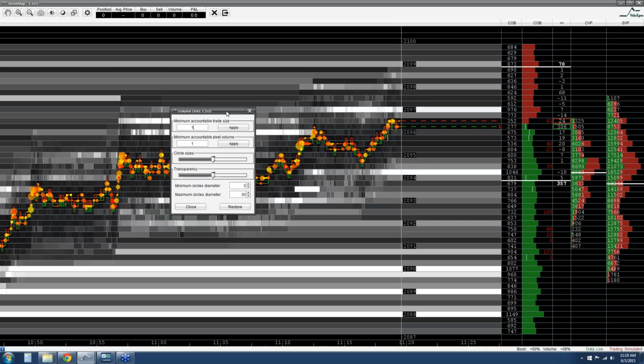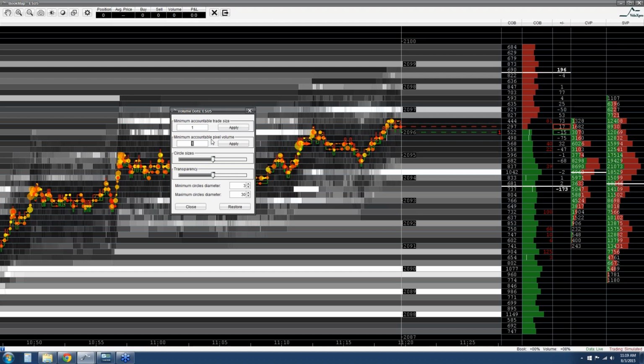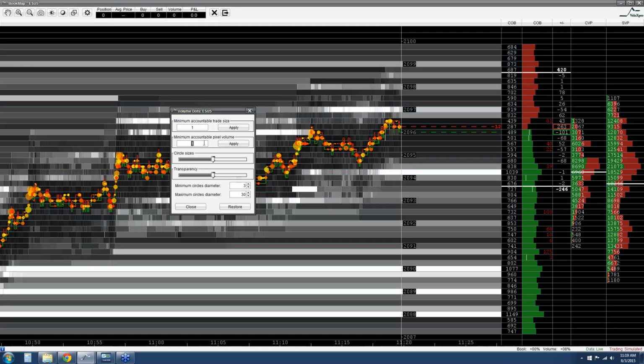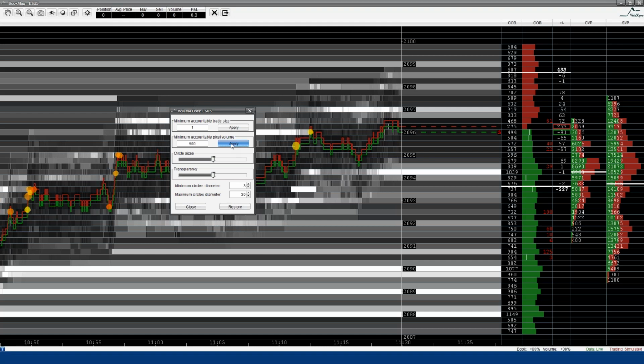We don't need to see every single trade in this time frame. Okay, so the way we can do that here is you can filter it for the minimum accountable pixel volume. Okay, and the higher number, let's put in 500, for example. All right.